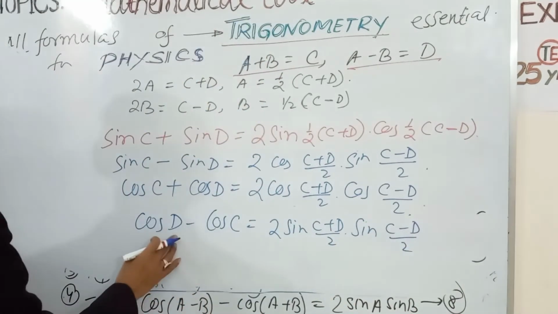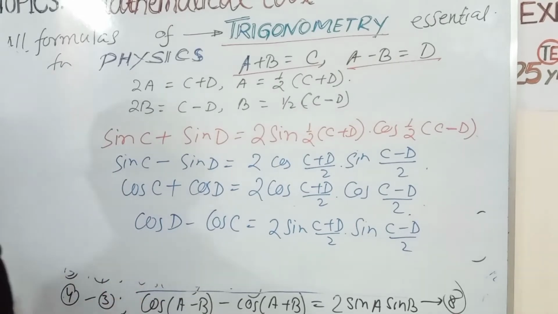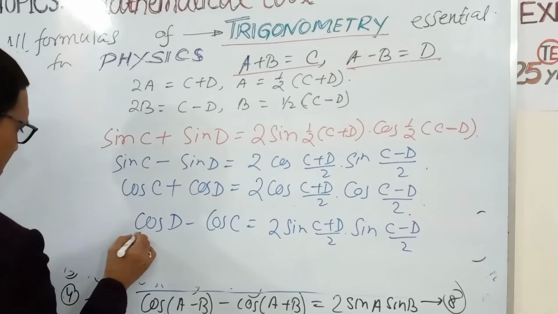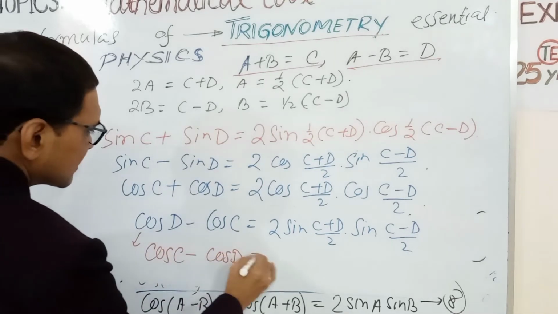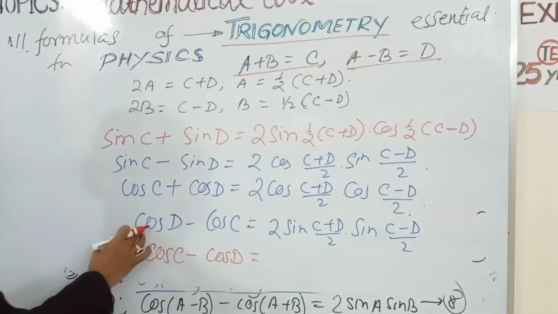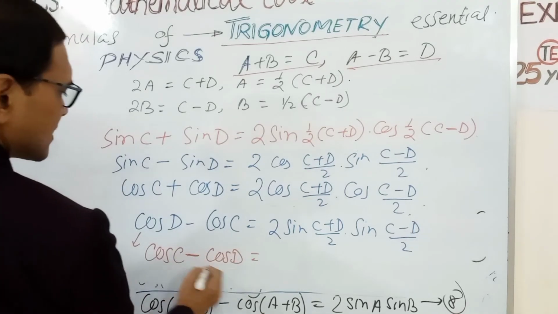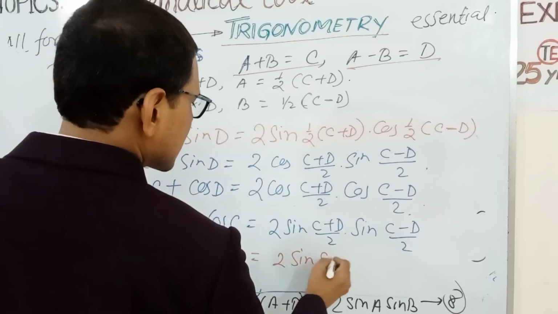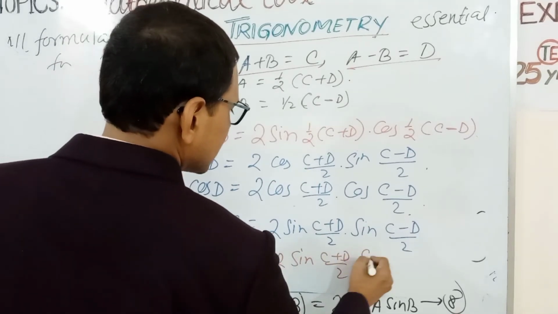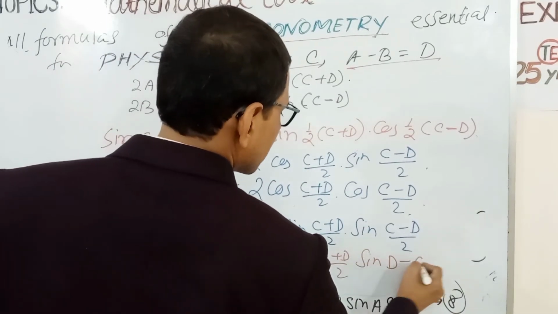Now if we want to reverse this, cos c minus cos d, that is cos c first then cos d, then we have to reverse the sign: 2 sin (c plus d by 2) into sin (d minus c by 2).